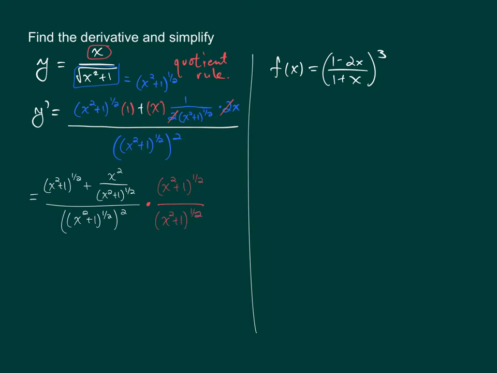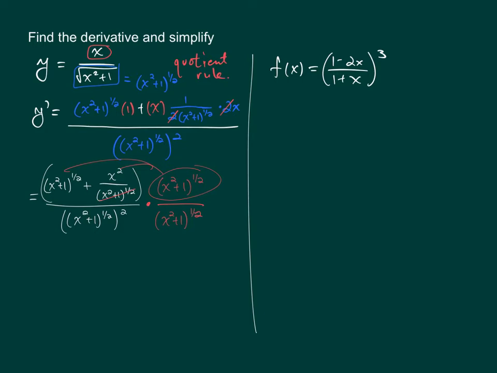Now, when I multiply the numerators together, this is in a giant set of parentheses, and this needs to be distributed to each term. And the whole point for doing that is to make this denominator disappear.